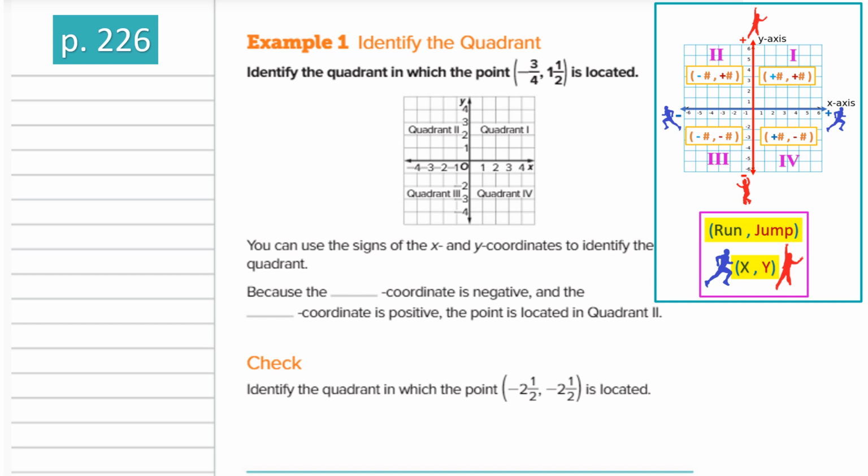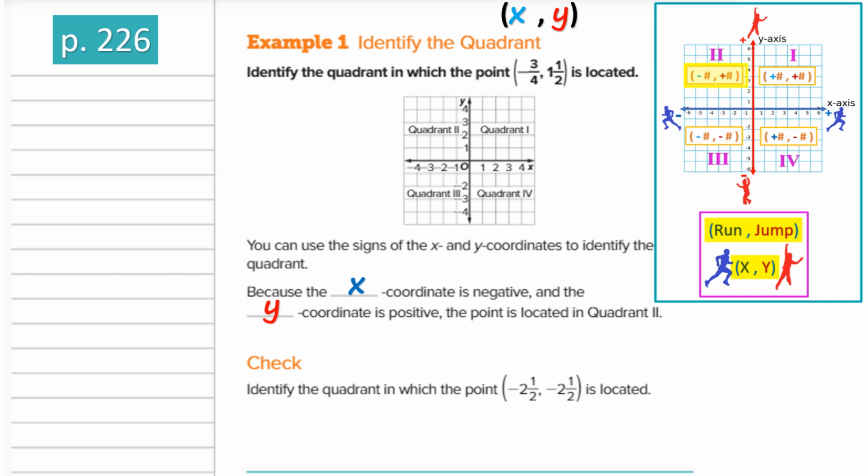And as we can see on the image on the right, anything that is a negative followed by a positive, that is going to be in quadrant 2. So when I think about my XY axes, the X coordinate is negative, so I ran backwards, and the Y coordinate is positive, so therefore I jump up, and that's why it is in quadrant 2.